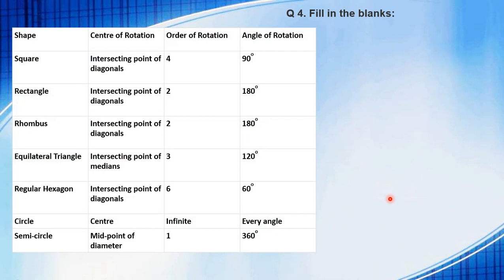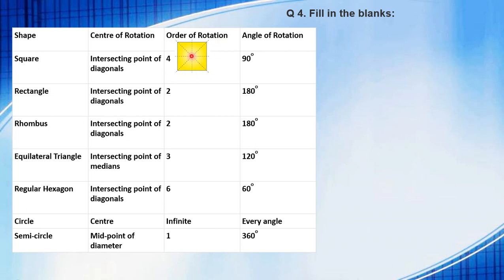On your screen is a square. Its center of rotation is the intersection point of the diagonals. This is the square where all four lines of symmetry intersect, that is, the intersection point of the diagonals.